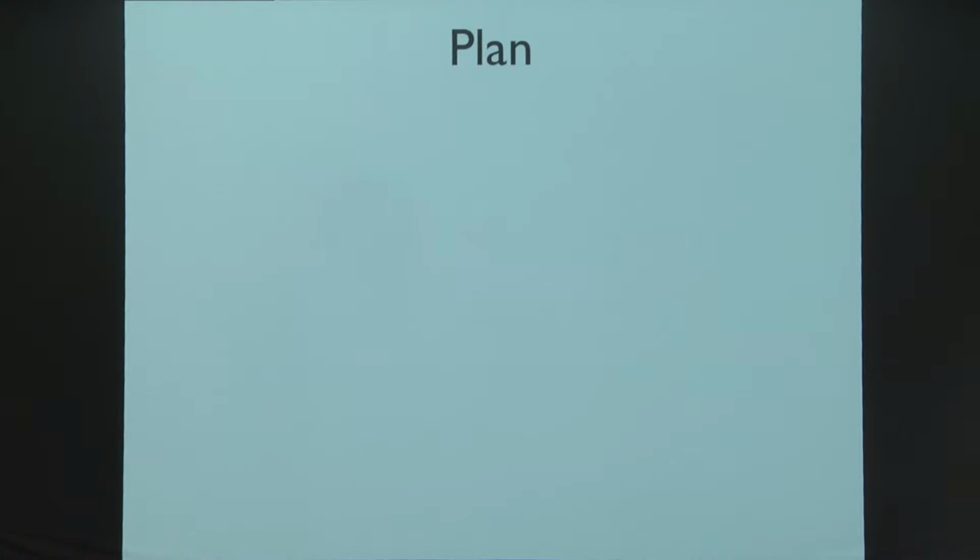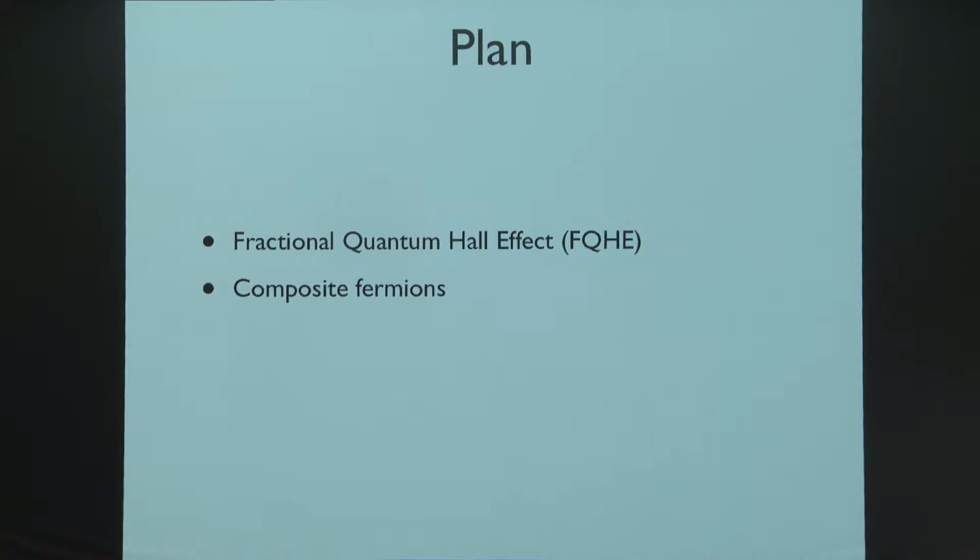The plan of my talk is as follows. First I will remind the audience about the fractional quantum Hall effect. And then I talk about the composite fermion, which is an idea that theorists have been using to interpret the experimental data about the fractional quantum Hall effect.